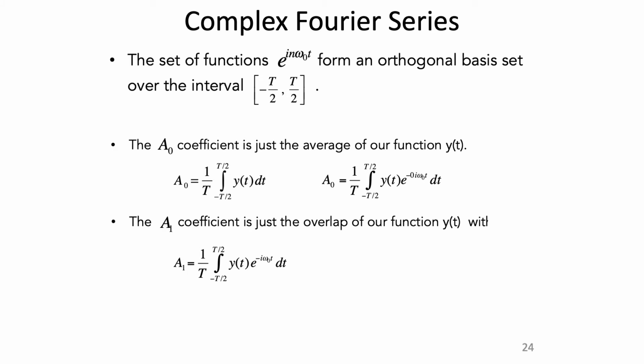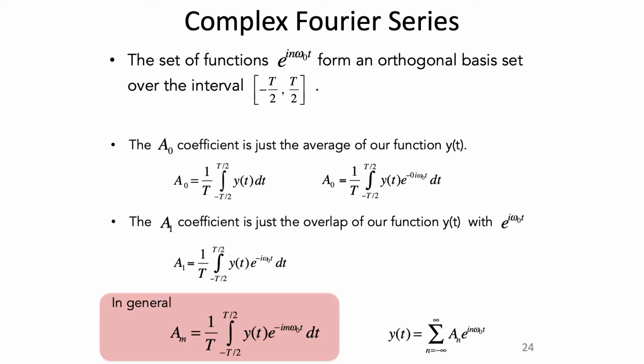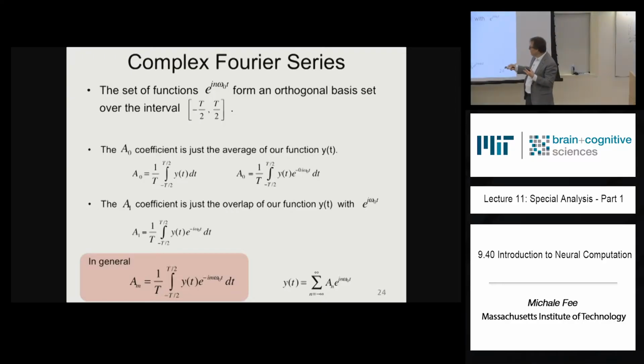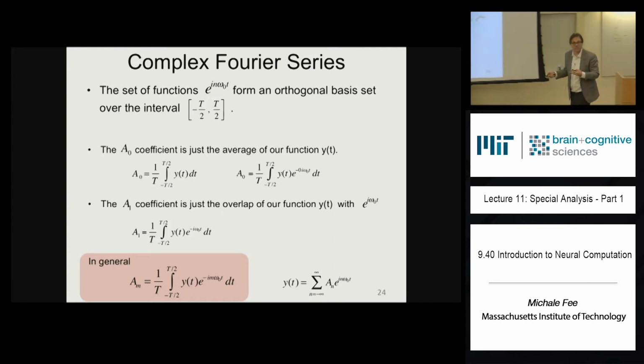The a1 coefficient is just the projection of our function onto e to the minus i omega naught t. And in general, the mth coefficient is just the projection of our function onto e to the minus i m omega naught t.